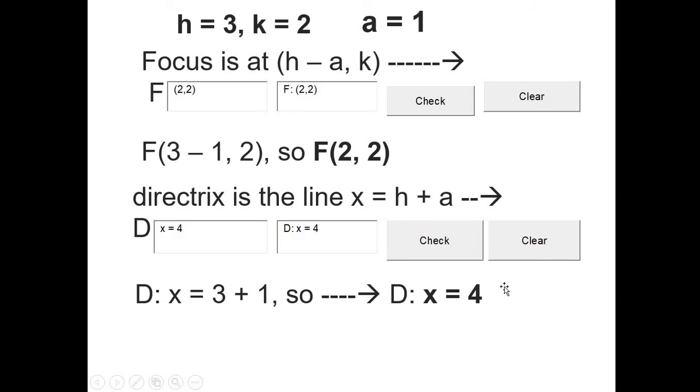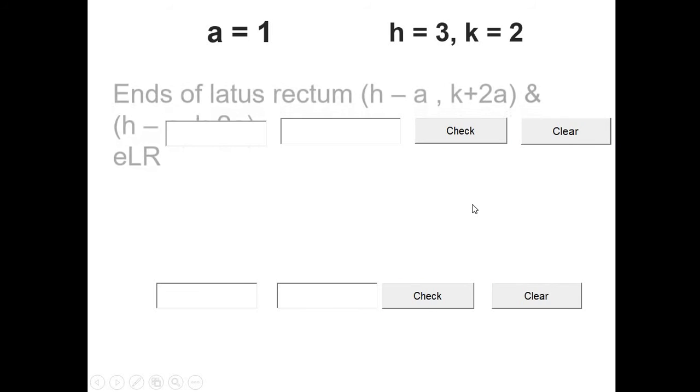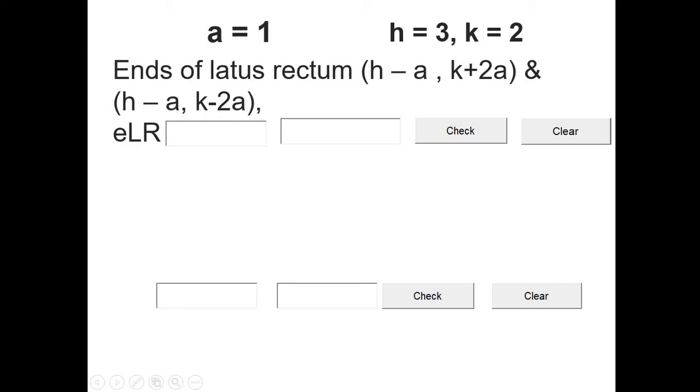Very good, Yuri. Now we proceed to the ends of the latus rectum. Dalawang endpoints. I mean, dalawang coordinates. H minus a, k plus 2a, h minus a, k minus 2a. Anybody from the class who can answer this? Anybody from the class?